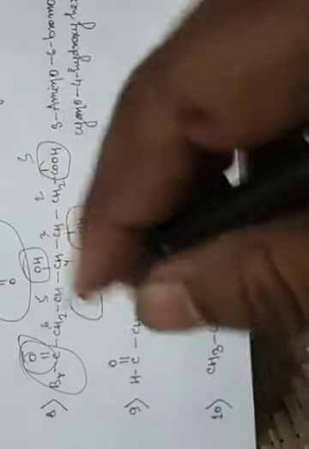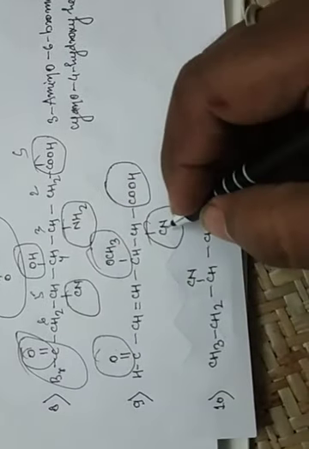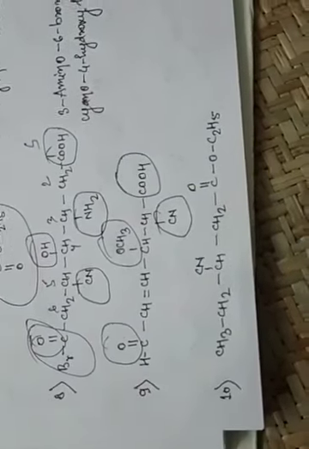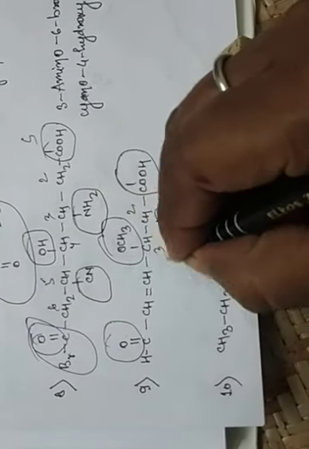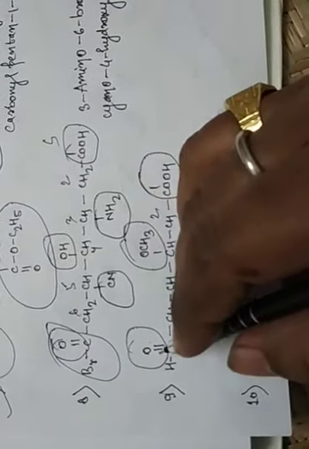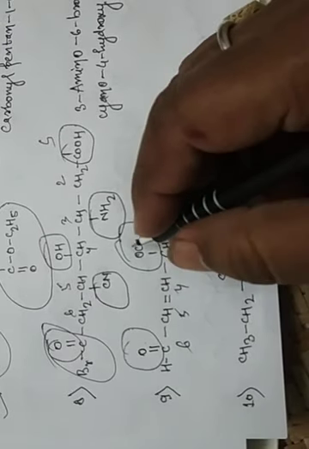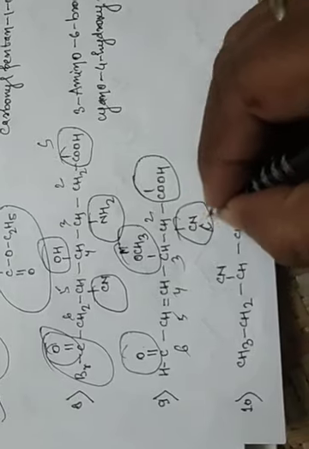Clear? The same thing for this. There is a different type of functional group, you know very well. This is oxo, this is methoxy, this is cyano, and again there is a double bond. So first you count from this carbon, 1, 2, 3, 4, 5, and this is 6. So this is cyano, this is methoxy, this is oxo. Starting with M, methoxy, and this is C, cyano.